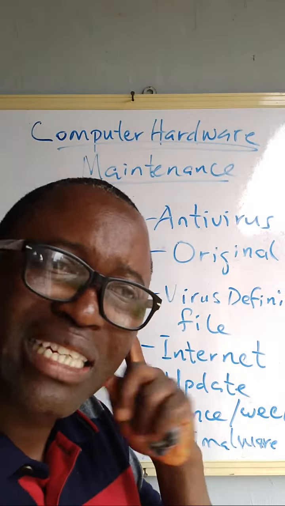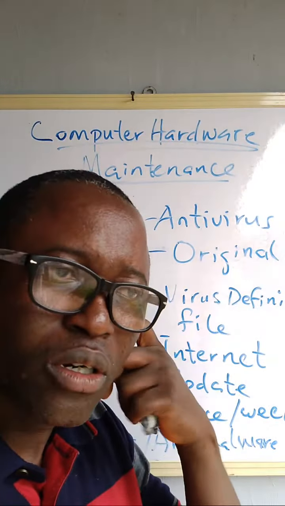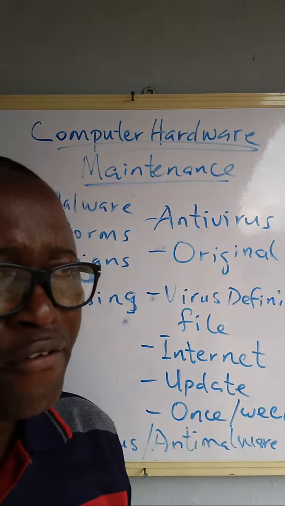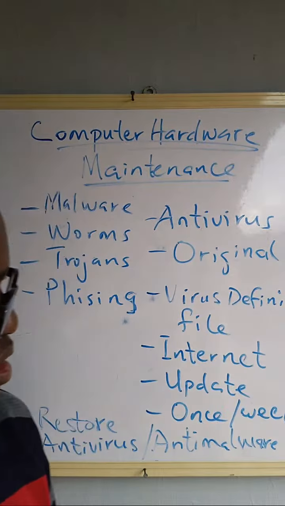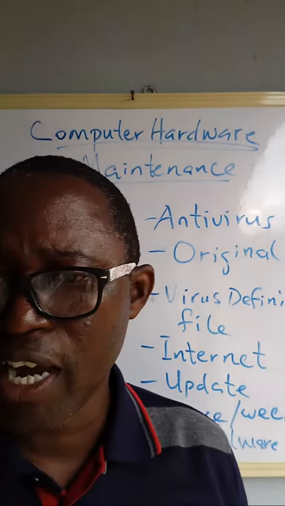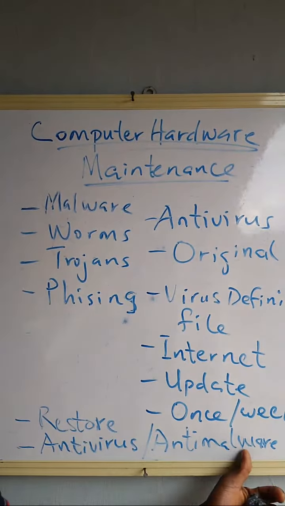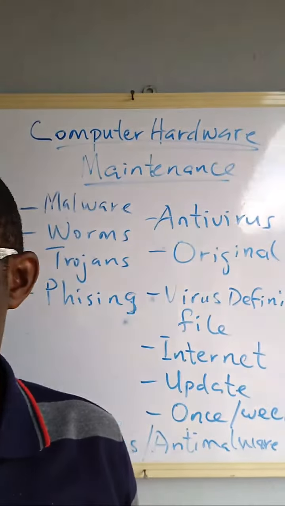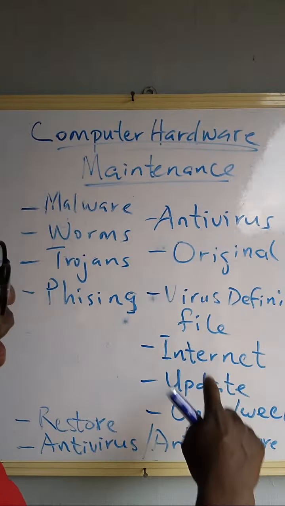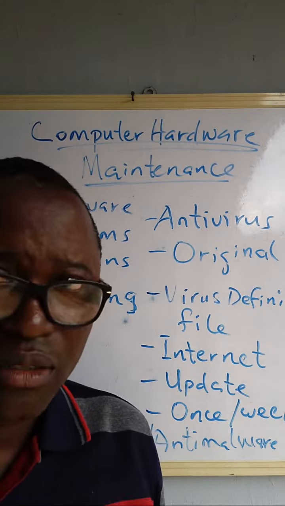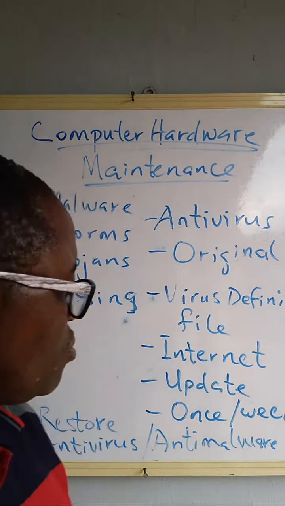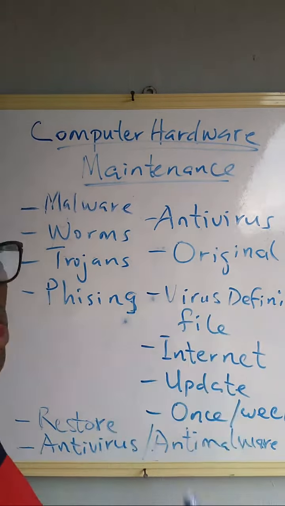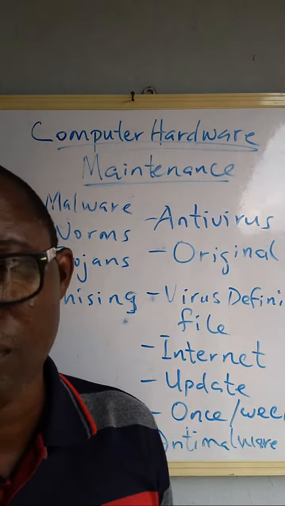Usually, you will need to scan the entire system. If by chance some worms, viruses, or malware entered the system and escaped the notice of the antivirus you installed, then when you carry out a system scan, your antivirus will be able to detect them and neutralize them.